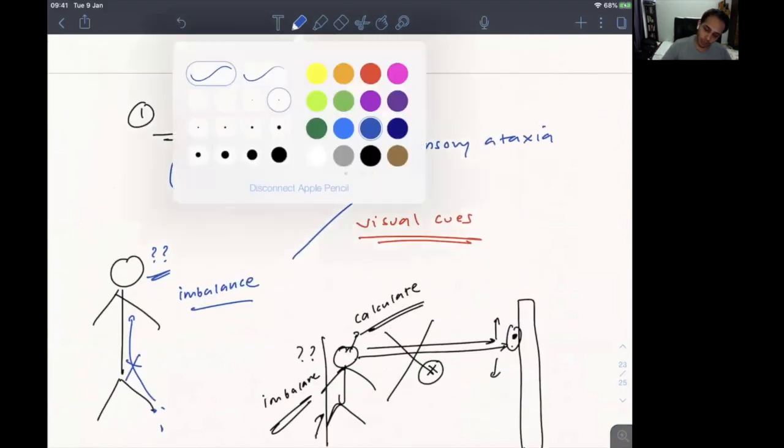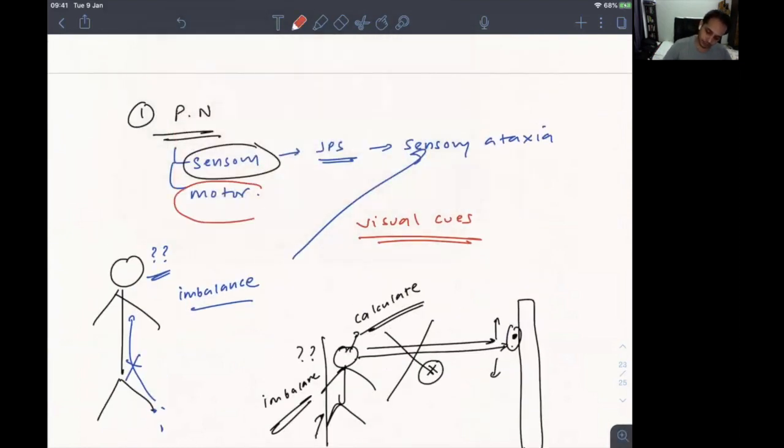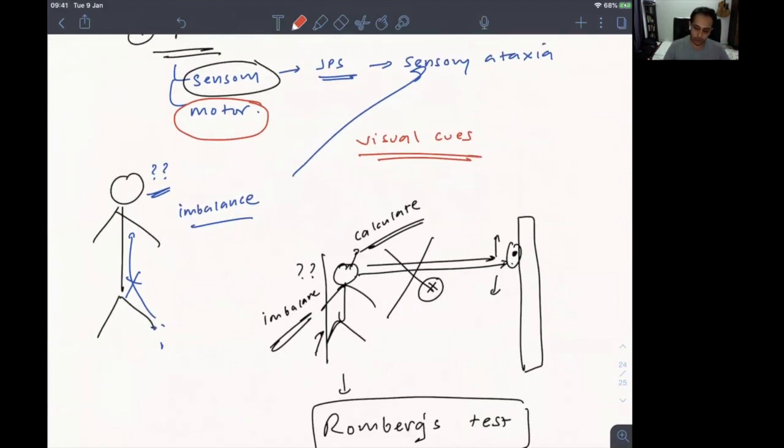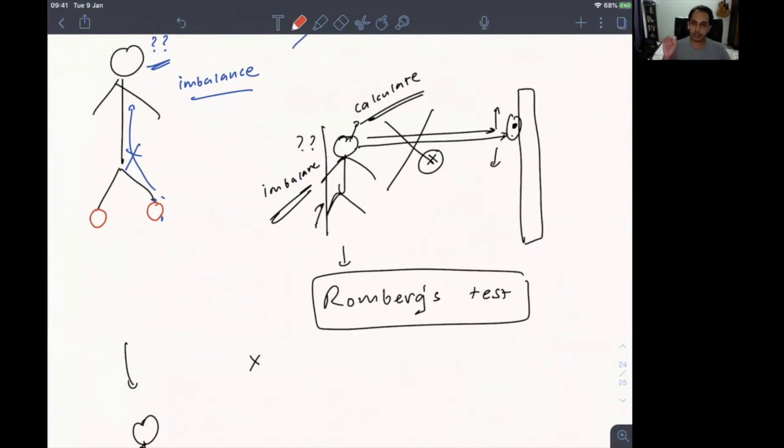What if your motor nerve is involved? So if your motor nerve is involved, usually there is a distal involvement. So we already discussed in neuropathy how your distal nerve gets involved before your proximal. So if your distal motor nerve is involved in your leg, the way it usually presents is there is weakness of dorsiflexion.